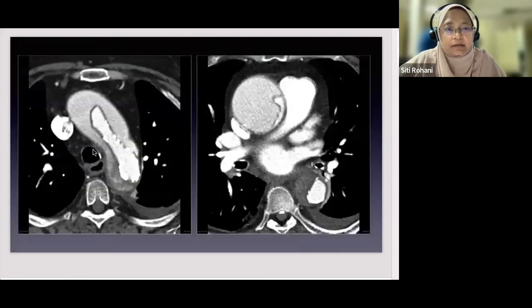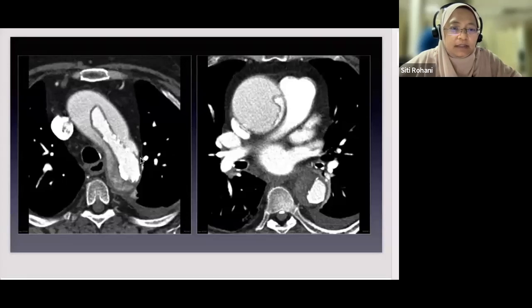So on CT, this is what we can see. The lifting of the intimal calcification is because of the dissection. This is the aortic arch. The intimal calcification is shifted endovascularly, inside the vessel. It should be at the wall of the vessel.